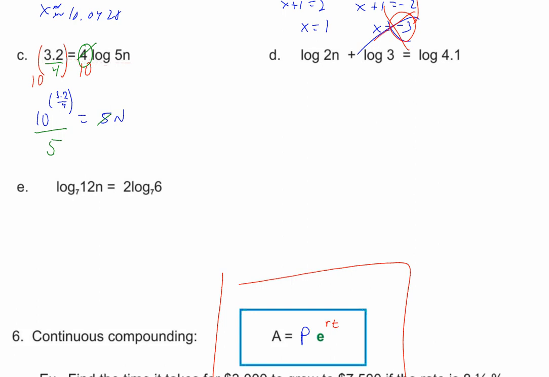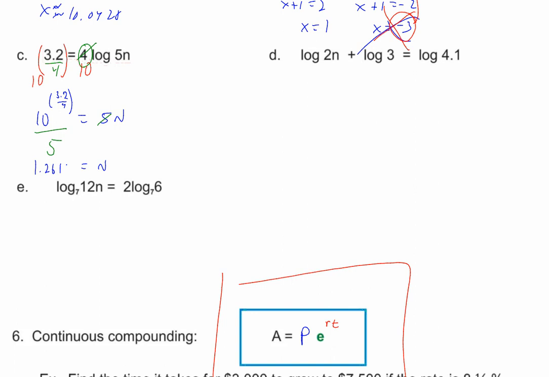So let's see how this thing turns out. Okay, and I got 1.2619.